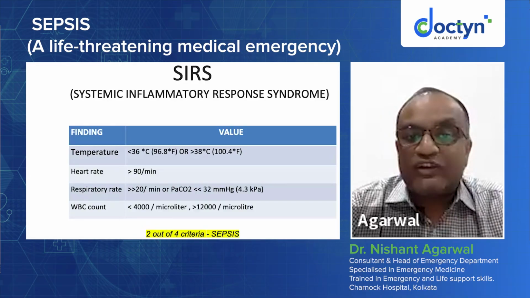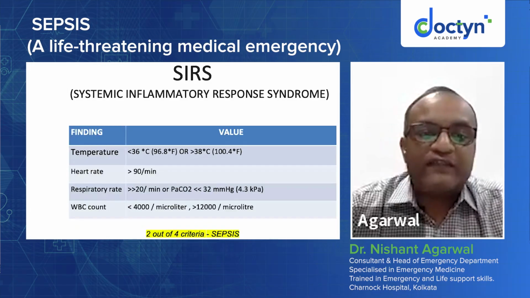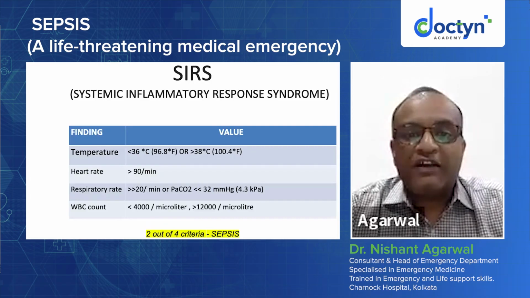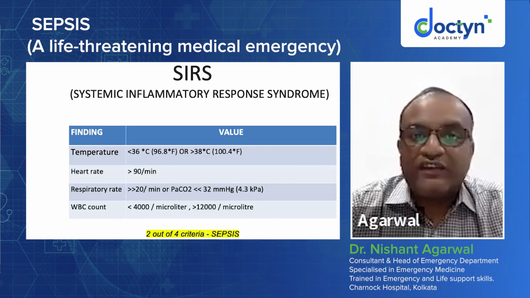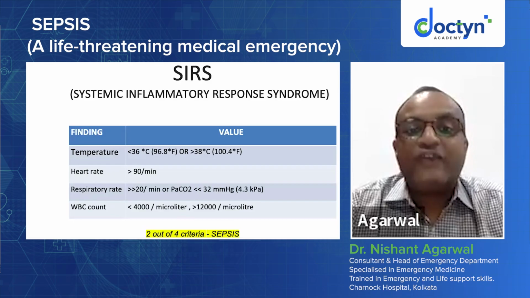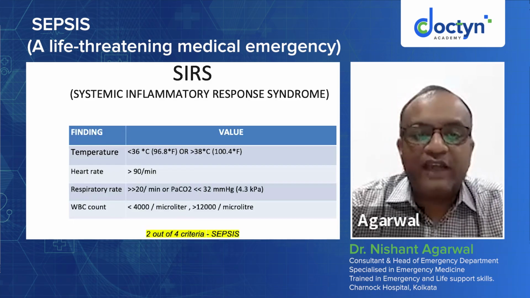So that is why the PaCO2 decreases, that is less than 32, and a WBC count of less than 4,000 or more than 12,000. 2 out of 4 criteria mark it as sepsis, but we refrain ourselves from using SIRS criteria at present, and we mainly focus on qSOFA, which is HAT, hypotension, altered mental status, and tachypnea.